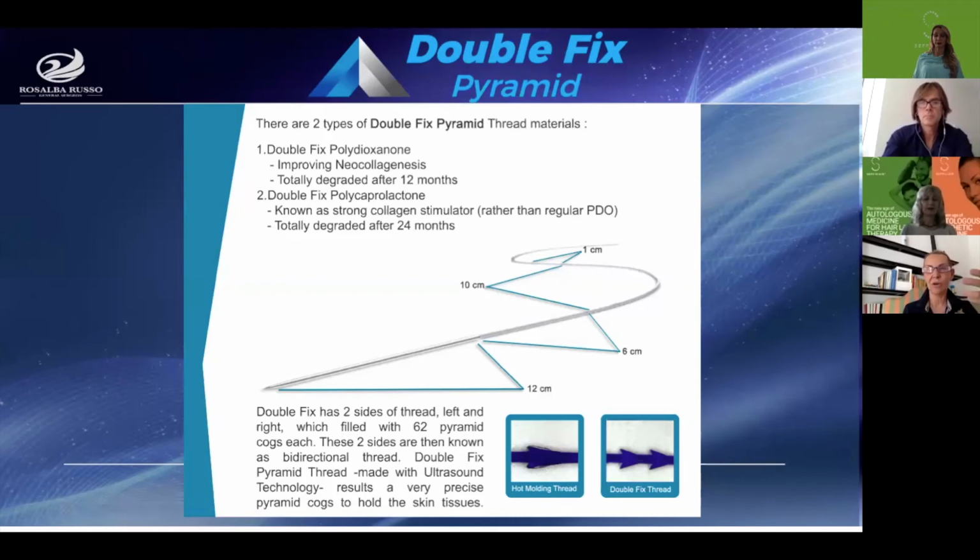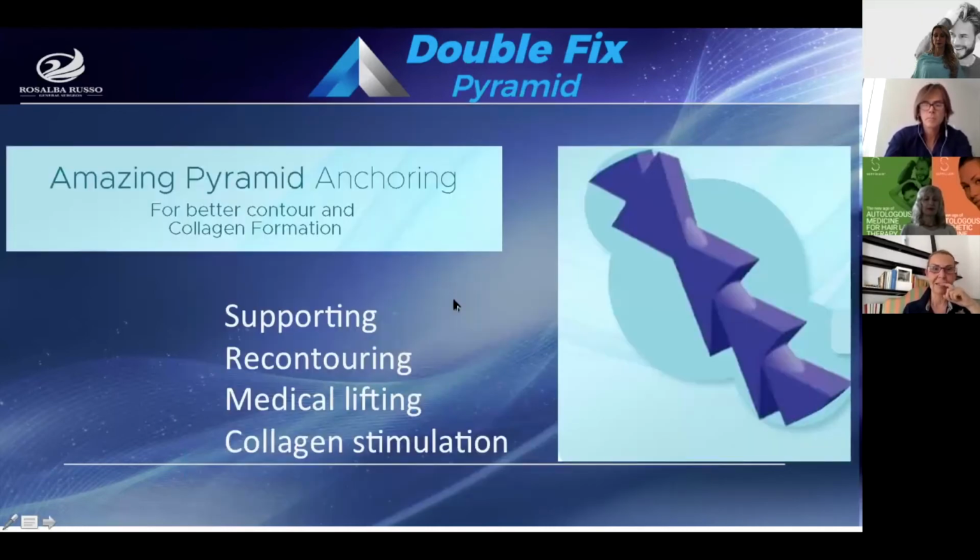It is a very long-lasting result. This is our double fixed threads. The pyramid is very, very nice, and this amazing pyramid offers anchoring, supporting, recontouring, medical lift, and collagen stimulation.